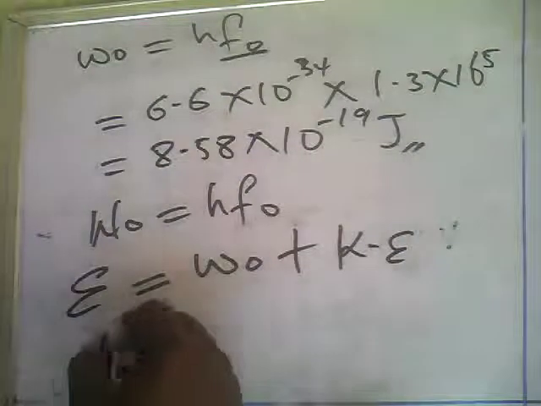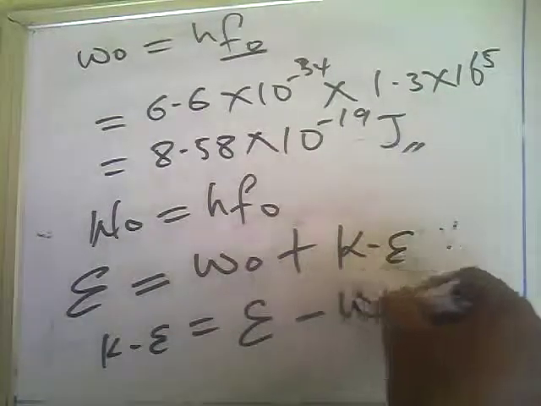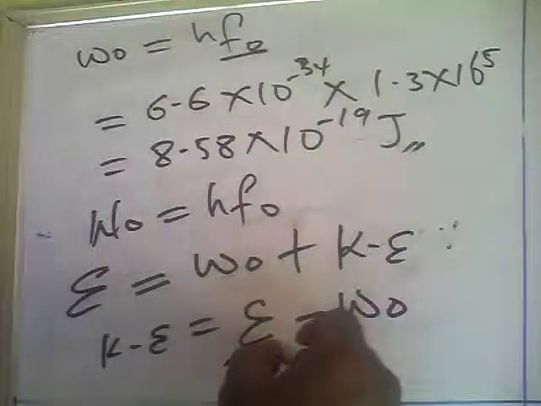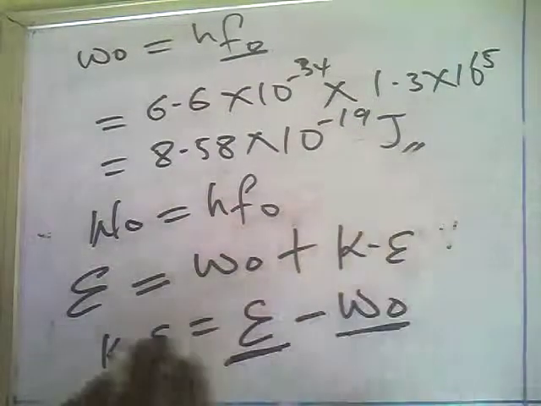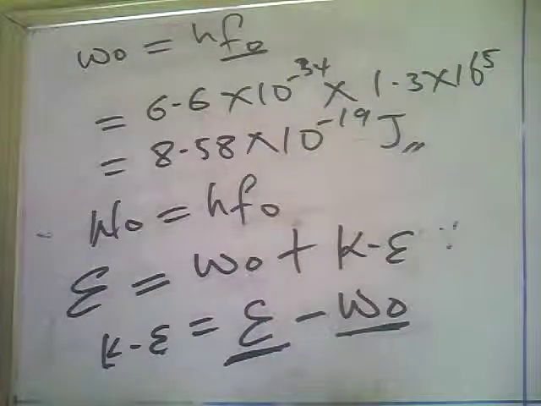So kinetic energy is equal to the energy of the photon, that's from the light, minus what? The work function. In other words, if the energy of the light is equal to the work function, kinetic energy will be equal to 0.